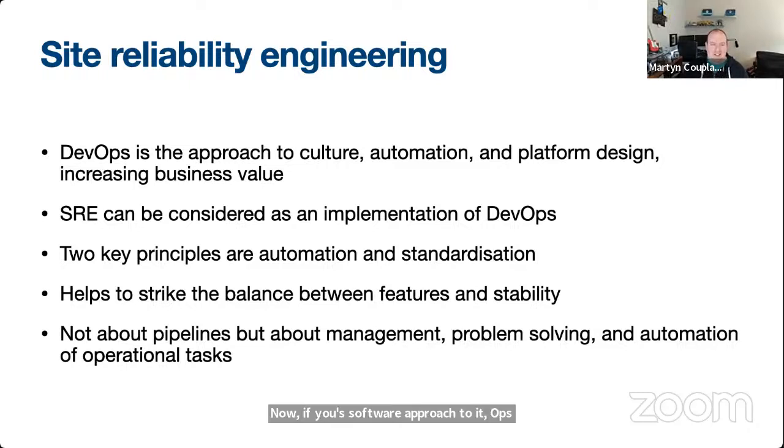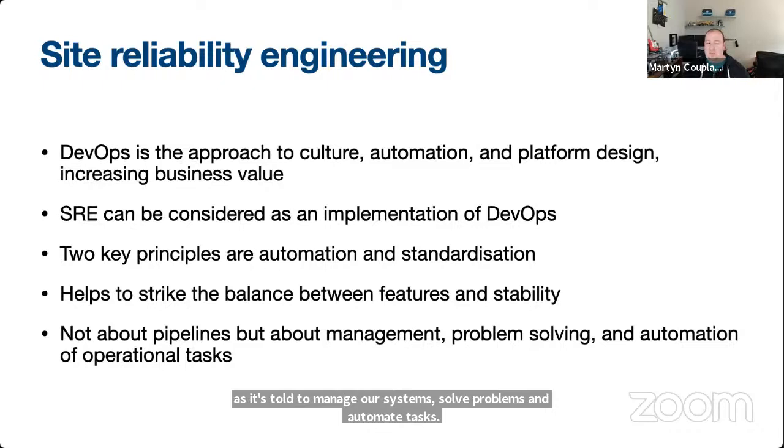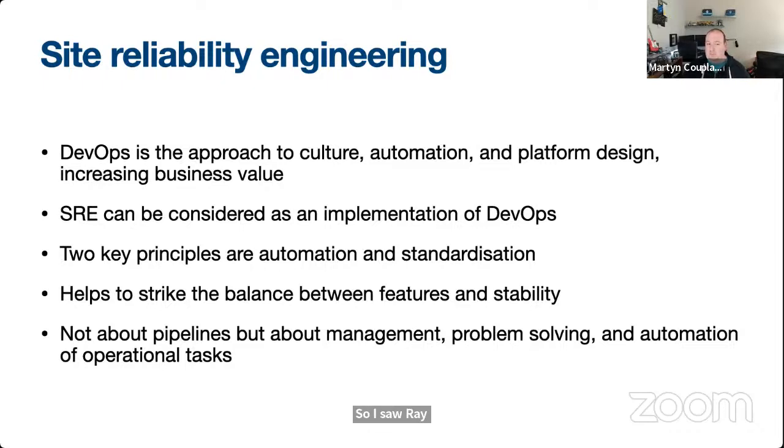So our SRE teams are using software as a tool to manage our systems, solve problems, and automate tasks. So SRE takes the tasks that we would historically have done by an operations team, generally manually, and instead gives them to engineers or operations teams who use software and automation to solve problems and manage production systems.